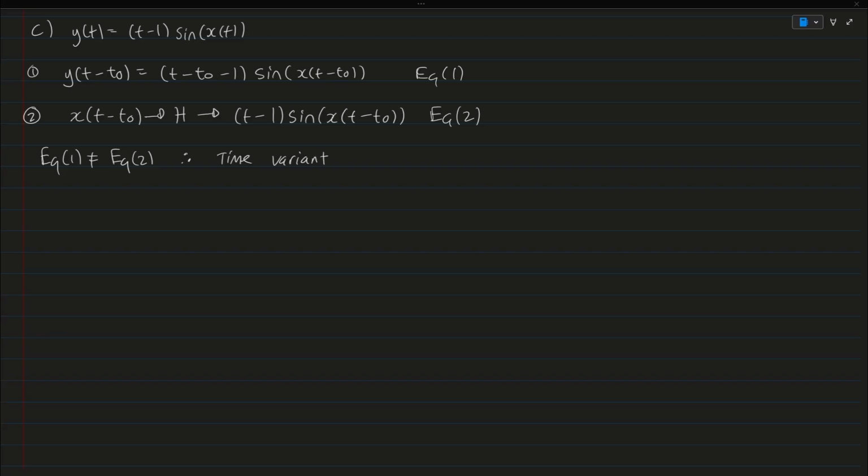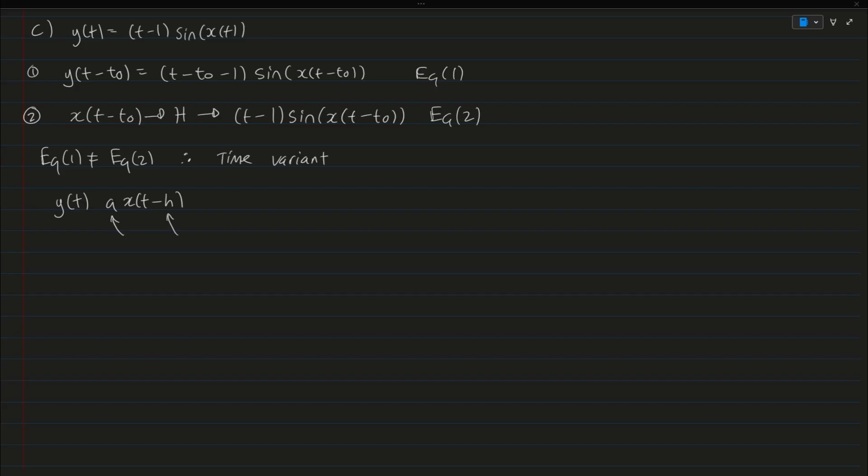A quick giveaway I can give, a little tip, is you can tell if a system is time variant or not by looking at what operations were done. If you have something like a x of t or a x of t minus h, you can have any constant coefficient and any shift, and it will always be time invariant.